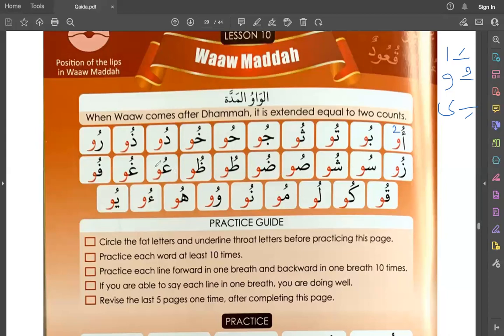All these vowels are 2 counts long. Ru, fu, gu, lu, mu, nu, wu, hu.